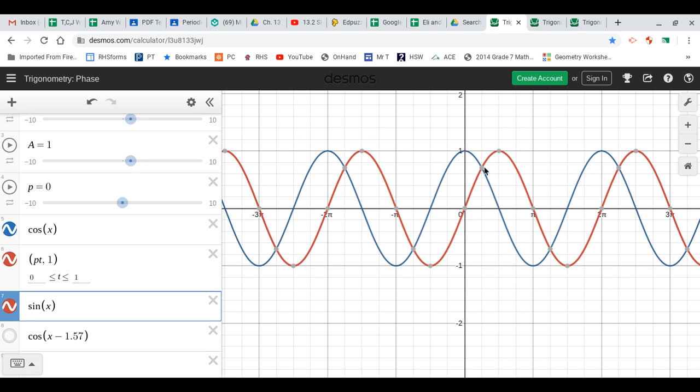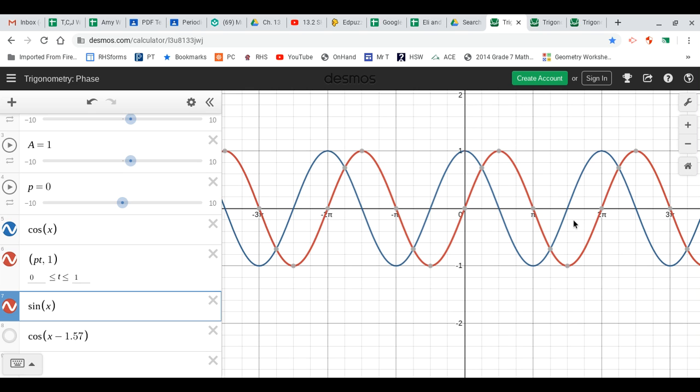They have what we would call the same amplitude. They both go to a maximum vertical height of 1 and a minimum of -1. We could also see that horizontally, other than the fact that they look shifted from one another, it looks like they stay the same distance apart, or in other words, have the same frequency horizontally.